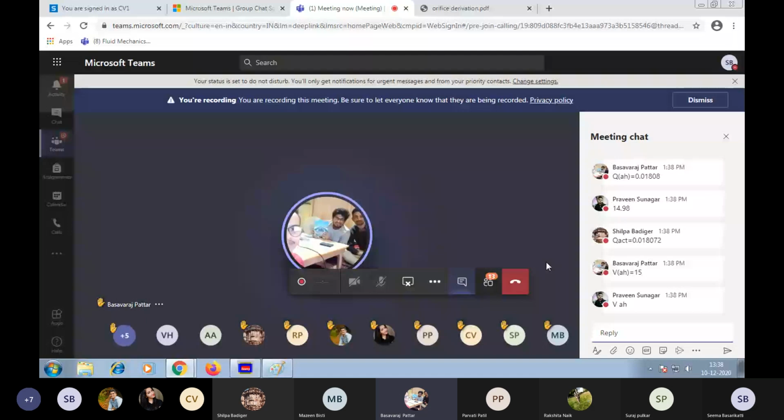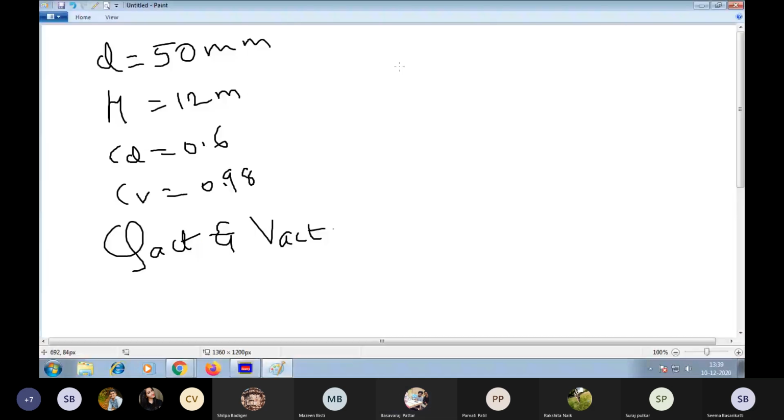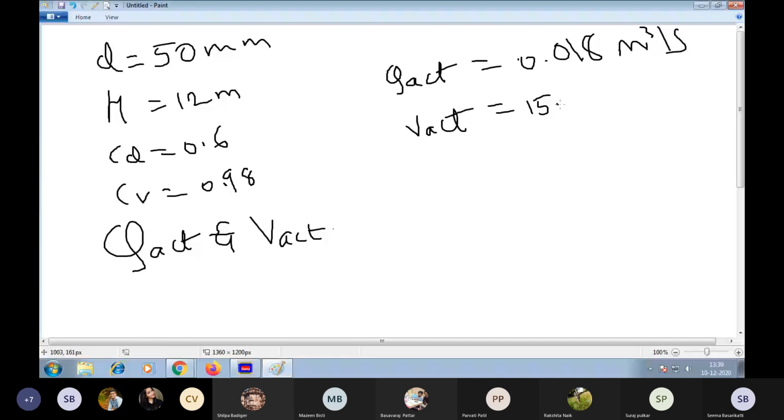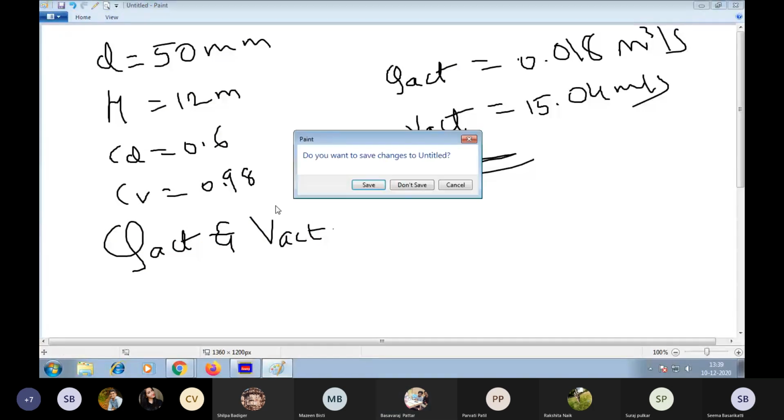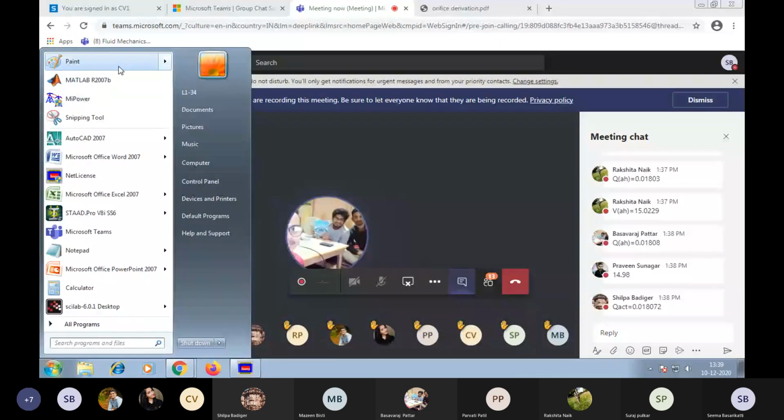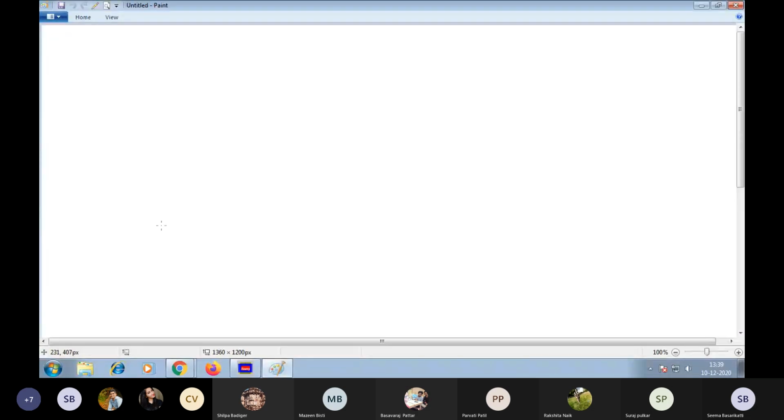So the answer for this particular problem is Q actual 0.018 meter cube per second, and the actual velocity you are going to get as 15.04 meter per second. So all of you have got the correct answer. Take the next problem.